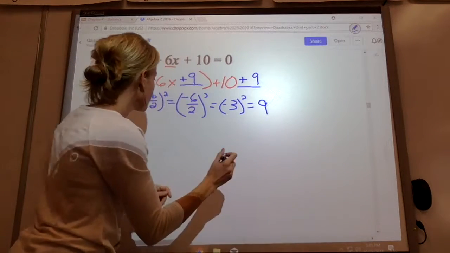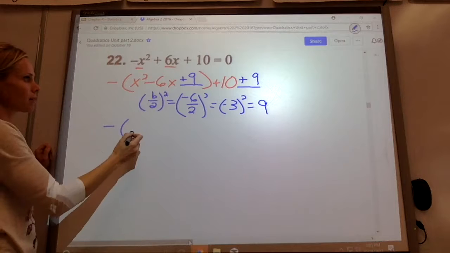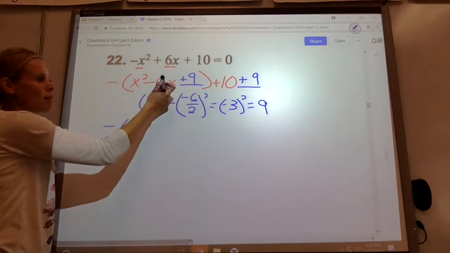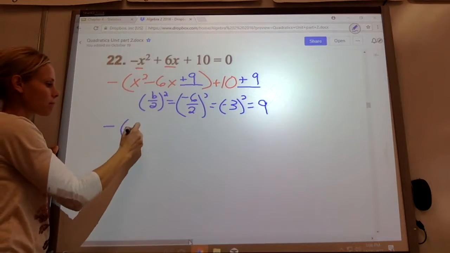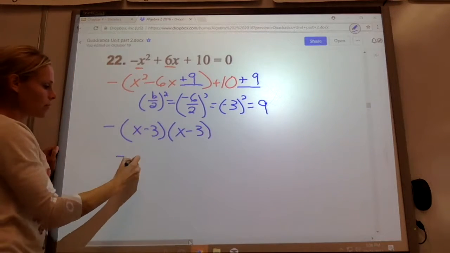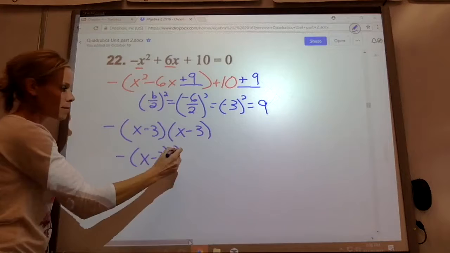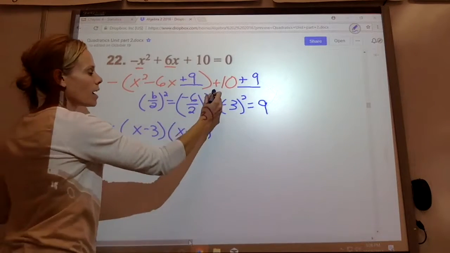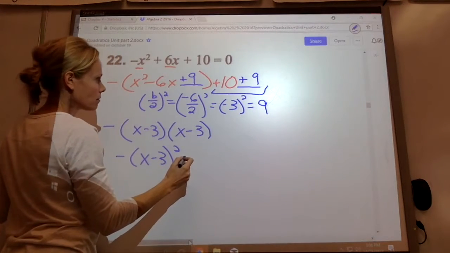Then I can write it as a binomial squared. Keep the negative. What do I multiply equals 9, but add equals negative 6? Negative 3 and negative 3, which I can write as negative (x minus 3) squared. Add the last two terms, 19.